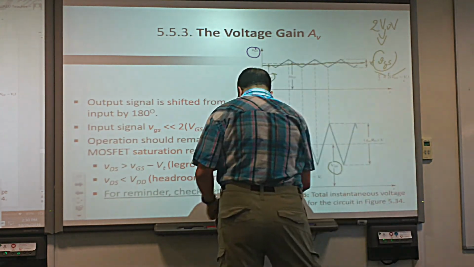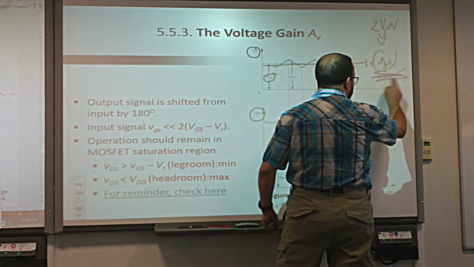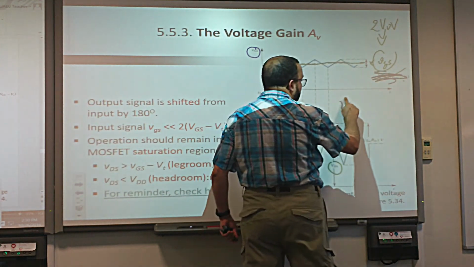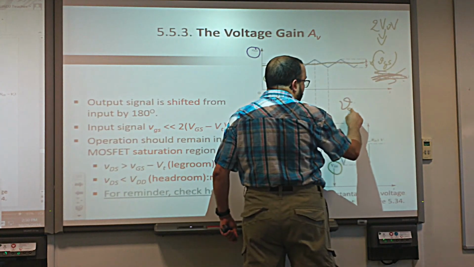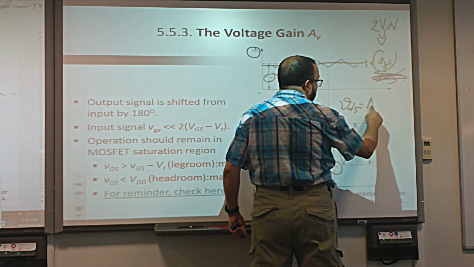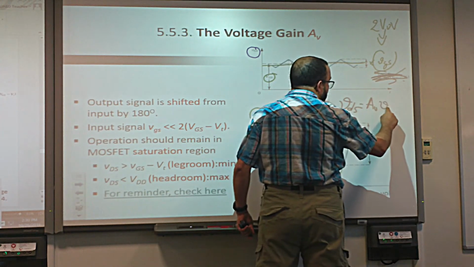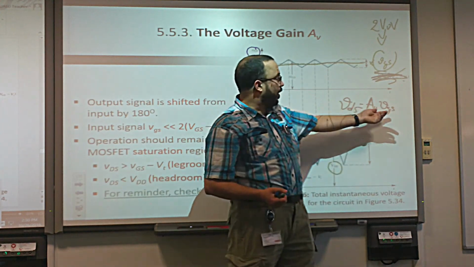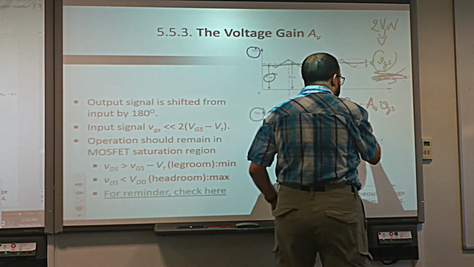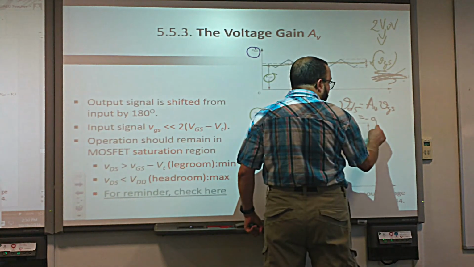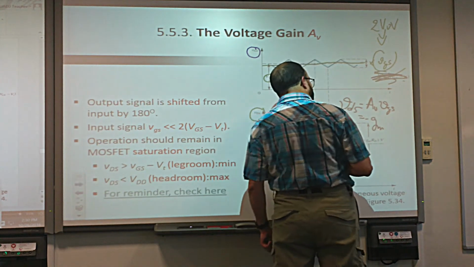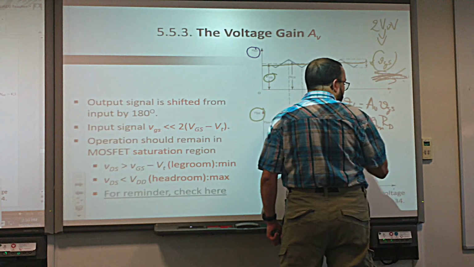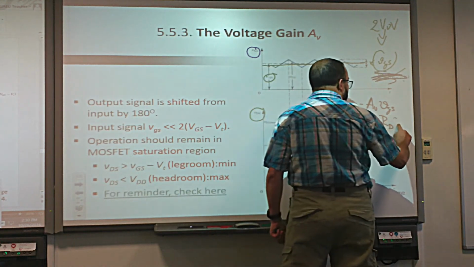Actually, it's easy. Let's forget about this until I fix it. So we said VDS is equal to AV times VGS, yes or no? Because AV is output voltage divided by input voltage. Yes. And AV, we just found, is minus GM RD. Yes or no? Yes. Very good.